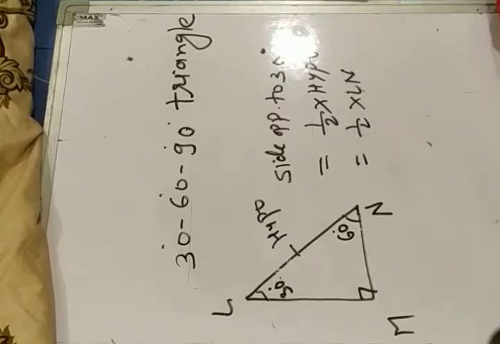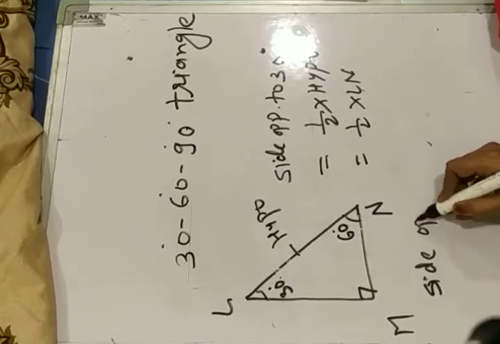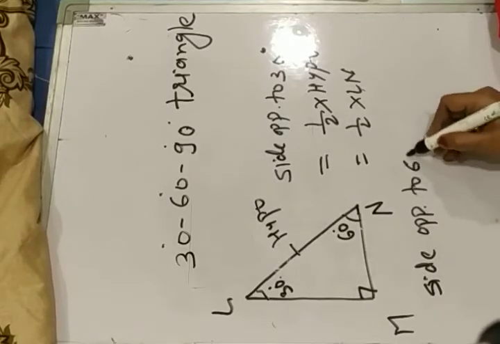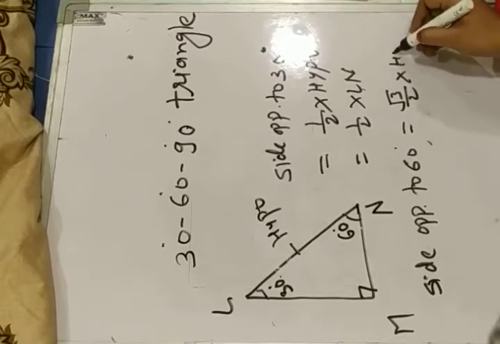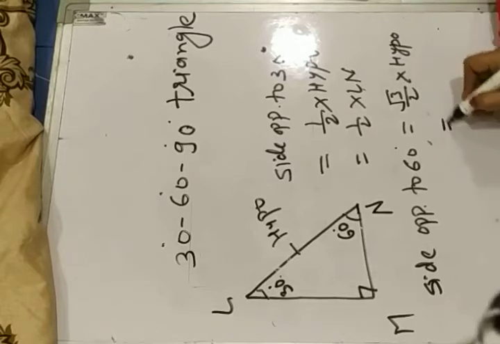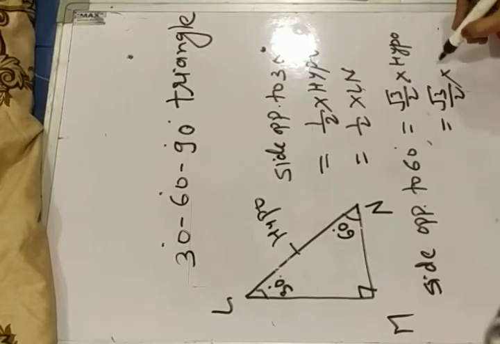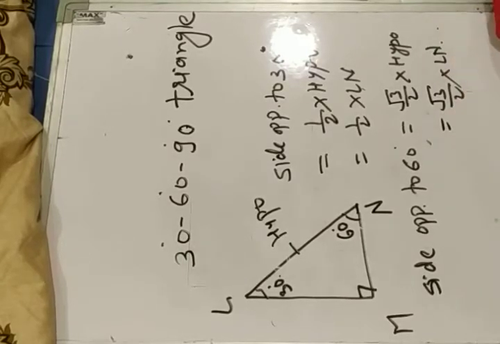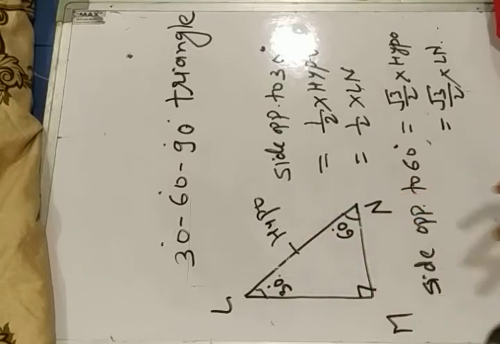So the side opposite to 30 is half of LN, and the side opposite to 60 is root 3 by 2 into hypotenuse, which is LN. So the side opposite to 60 degree is root 3 by 2 of the hypotenuse. Put the value of the hypotenuse, and find the values of side LM, opposite to 60, and the side opposite to 30.